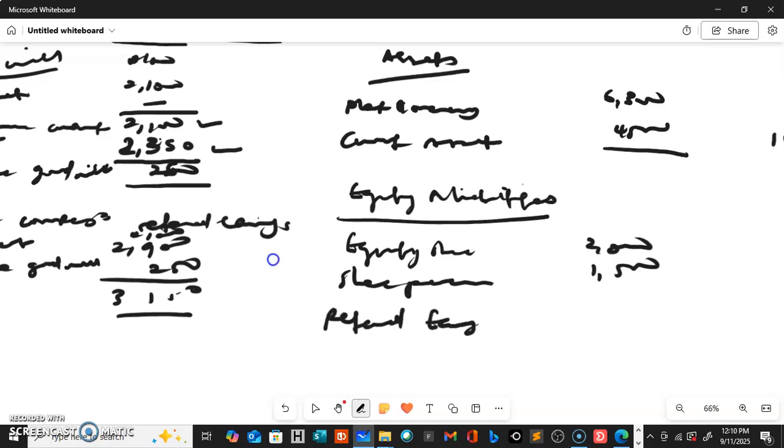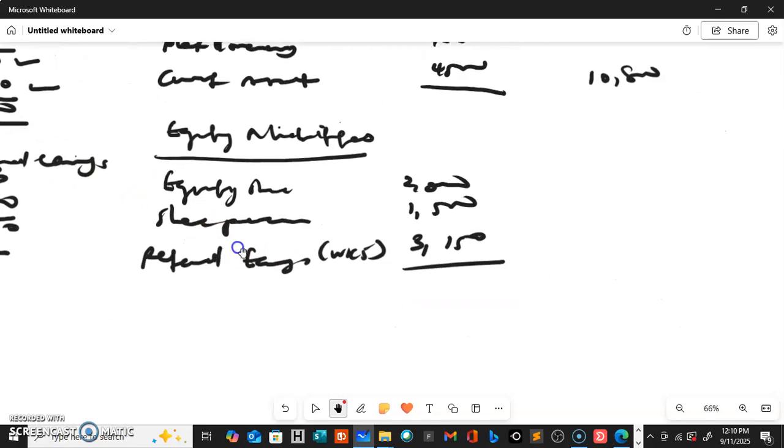The retained earnings based on our working 5 is 3,150. When we add this together, we have 6,650. So in the question we have payables.